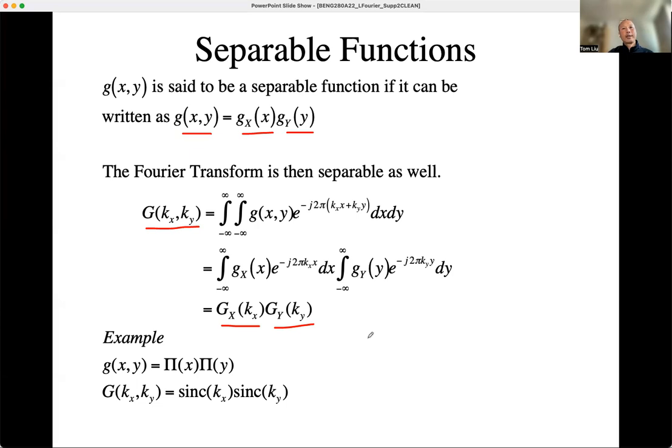Now, a word of warning. Let's say I had g of x equals f of x times h of x.